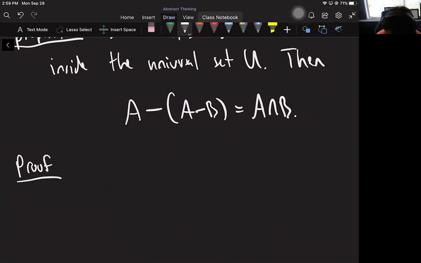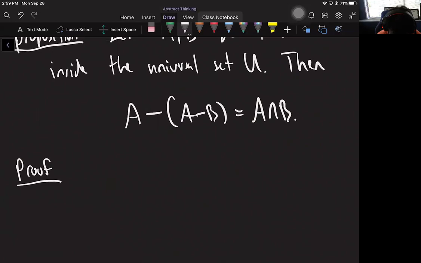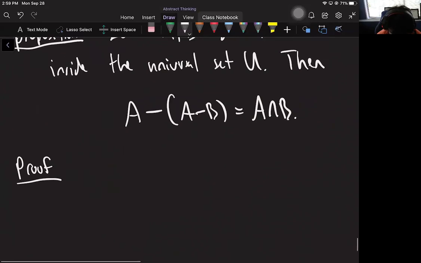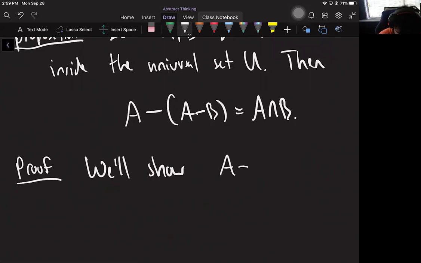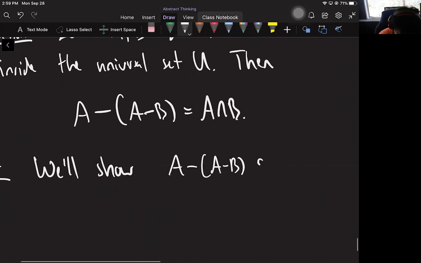Okay, so how are we going to show that the two sets are equal? Well, we're going to use the definition, but I want you to think about the definition and realize that when you're showing that two sets are equal, what you're actually doing is you're showing that they are both inside of each other. They're both subsets of each other.